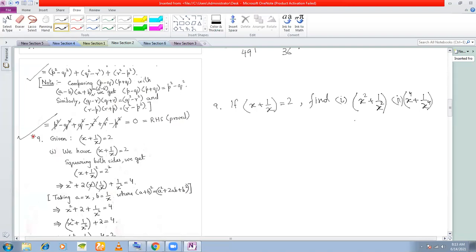Now there's something that you must remember here. The power of x here is 1, isn't it? Both the powers of x here is 1. And what do we need to find? We need to find the power of x which is 2, isn't it? So from 1, we are moving to 2.